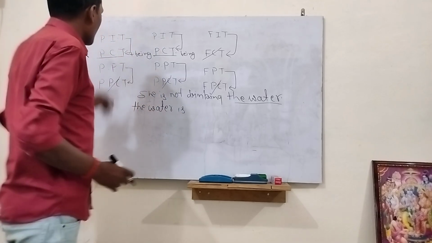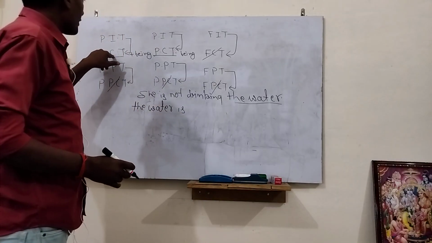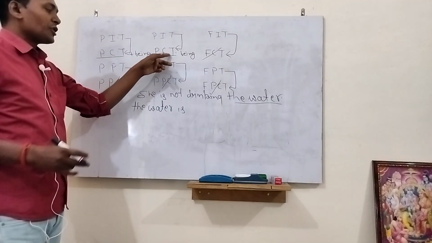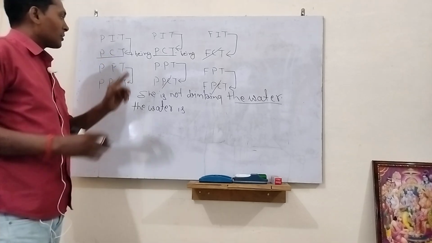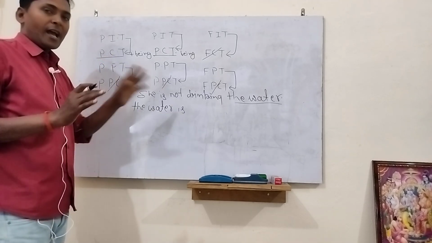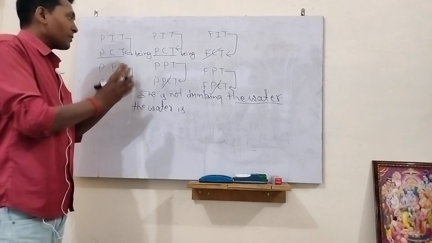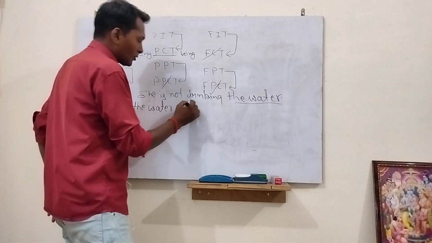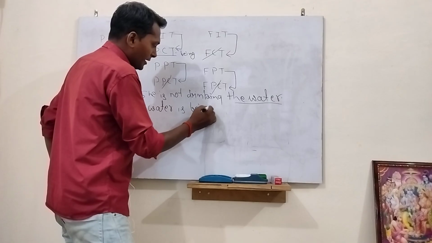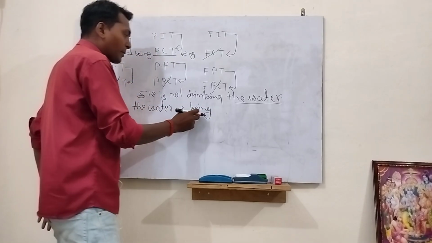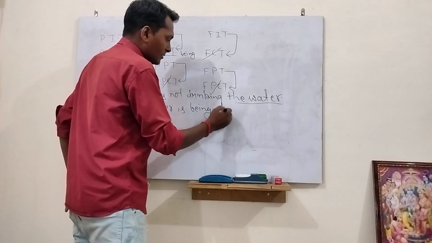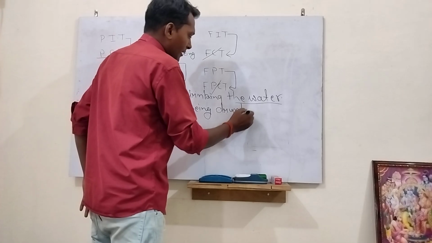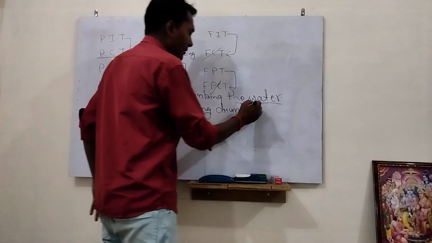Now I told you that if you are using present continuous tense and past continuous tense, then you have to use being. The same tense helping verb you have to use, but you have to use being. So here will be being. The water is being drunk. Drink, drank, drunk, by her.